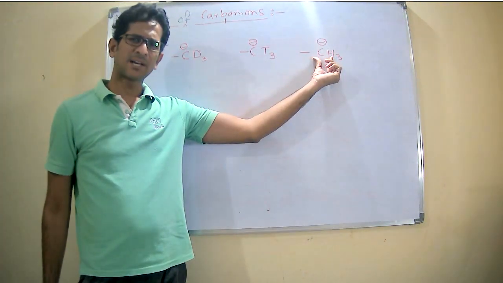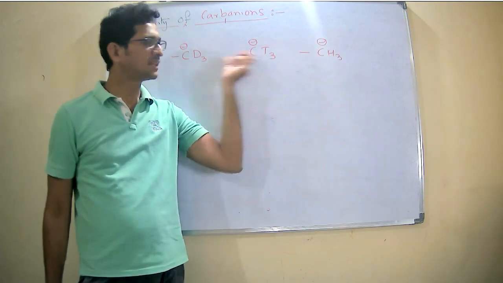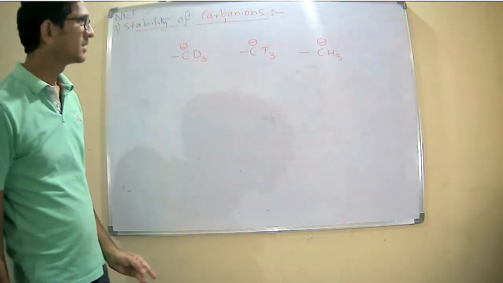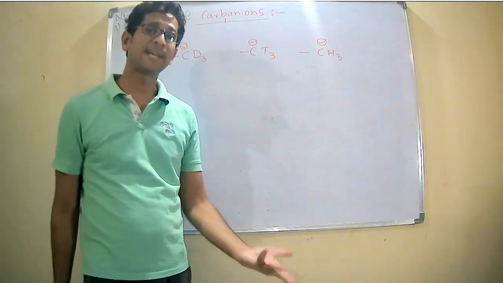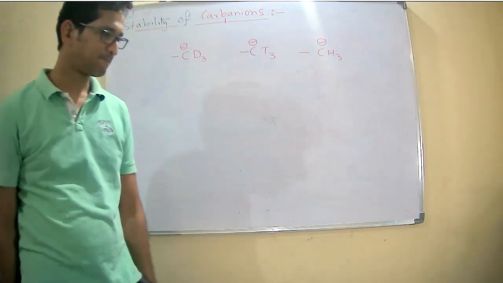All are primary carbanions. But here, hydrogen, tritium, deuterium are the isotopes of hydrogen. Among these three, which is the most stable carbanion?